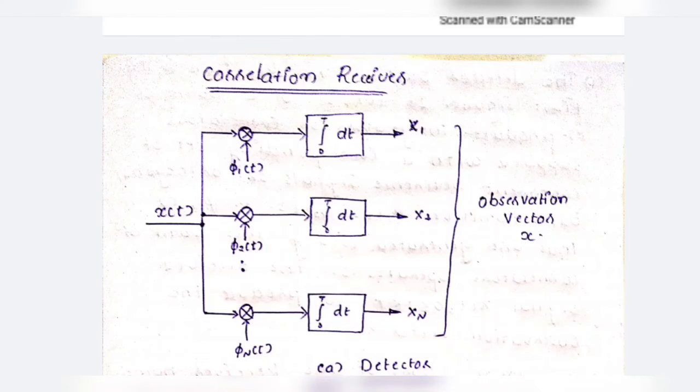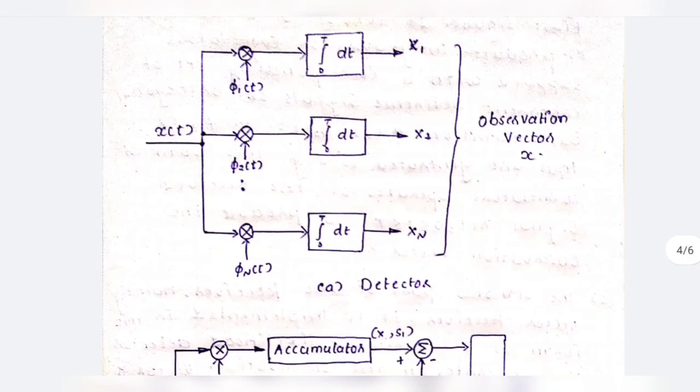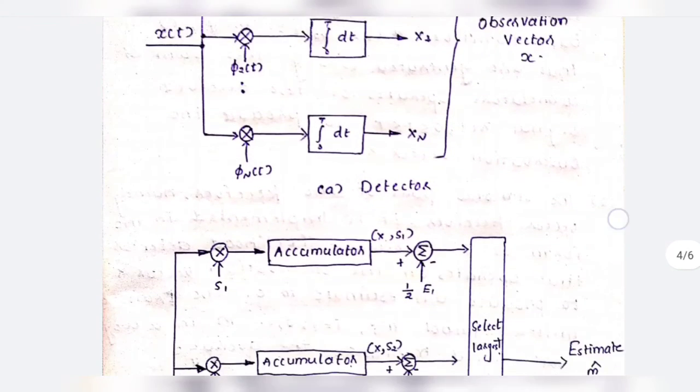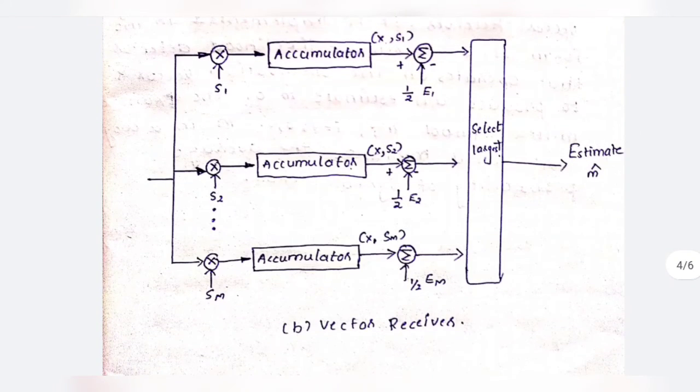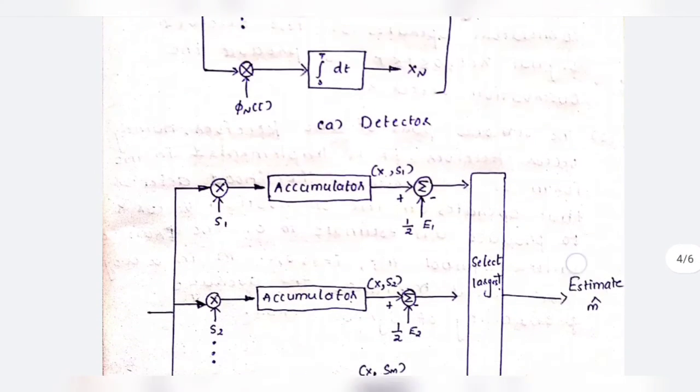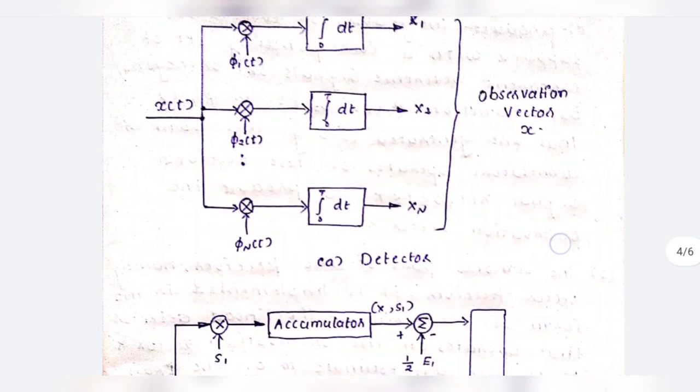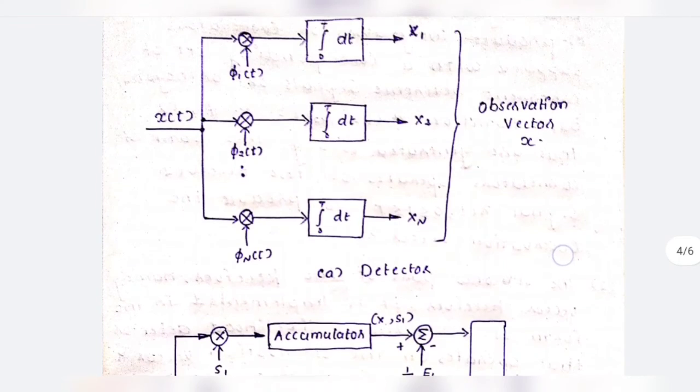We note that for an AWGN channel and for the case when transmitted signals s1 of t, s2 of t, etc. sM of t are equally likely, the optimum receiver consists of two subsystems, which is detailed in the figure. The first figure is detector and the second figure is a vector receiver. The first detector part of the receiver is the first figure.